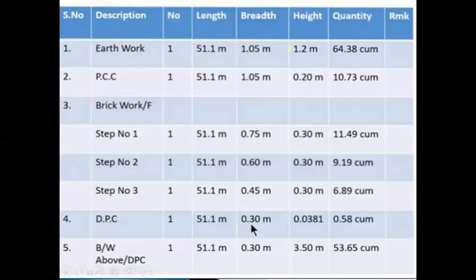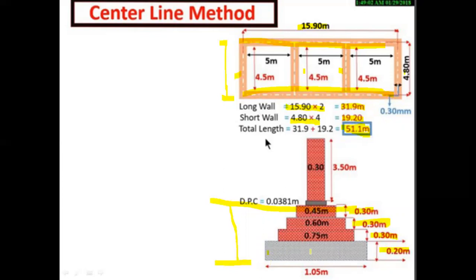Finally 1.2 meters is taken, and the quantity is 51.1 into 1.05 into 1.2, that equals 64.35 cubic meters. Next, PCC, the plain cement concrete bed. The number is 1, the length is 51.1 meters, the breadth is 1.05 and the height is 0.20.